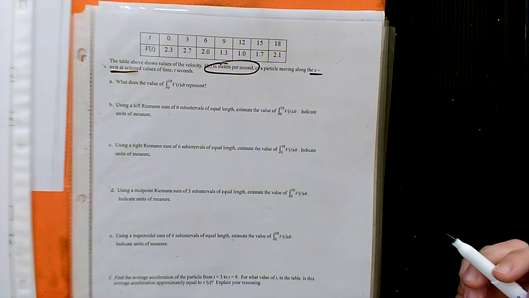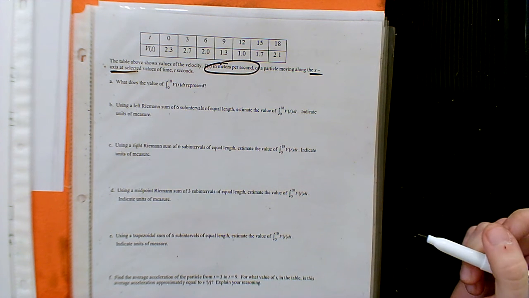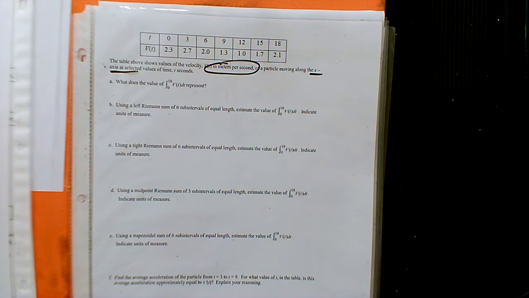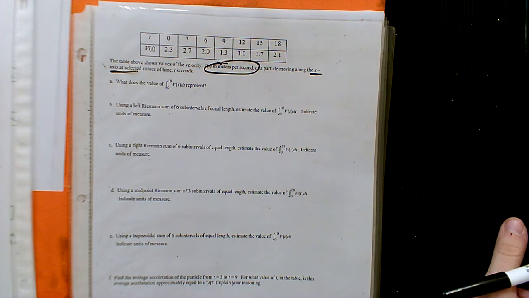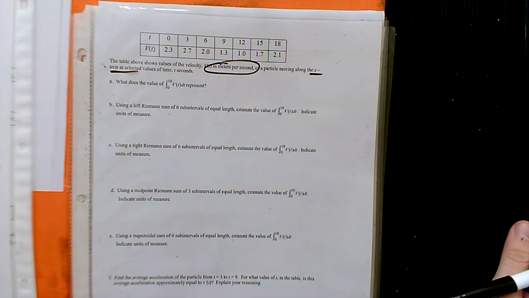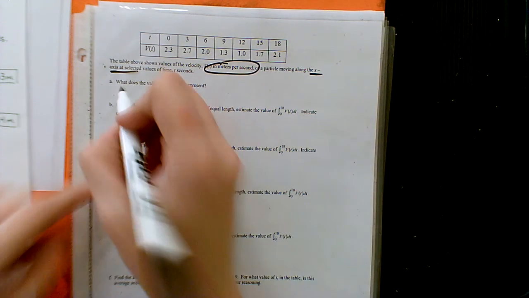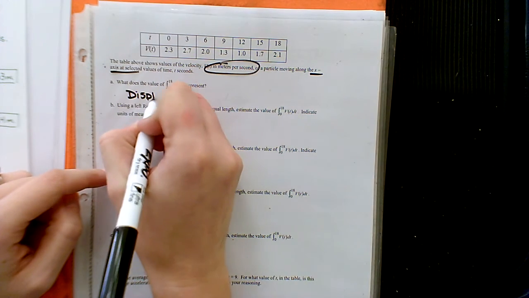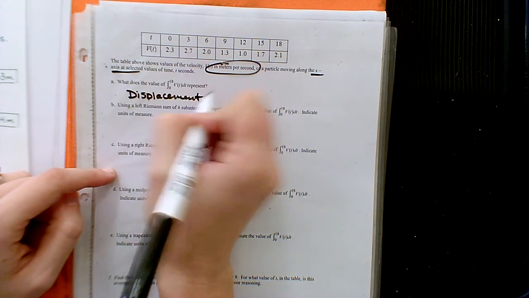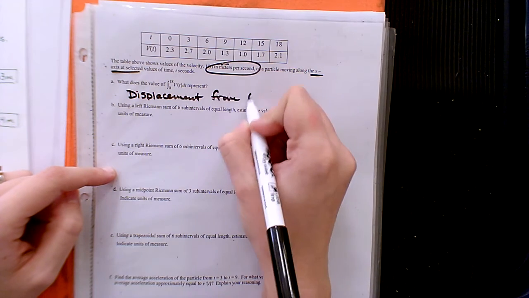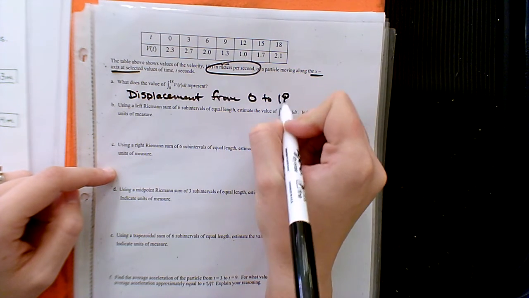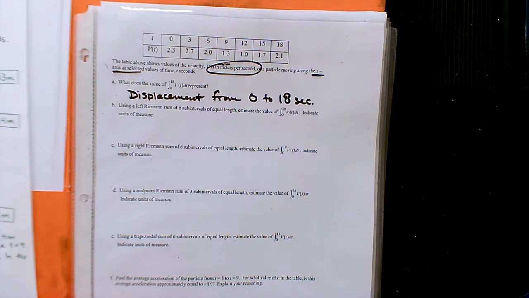If you were to figure out the area under the velocity graph from 0 to 18, what would that tell you about this particle? Good, Anush? It's displacement from 0 to 18. There we go. Net distance, displacement from 0 to 18 seconds.